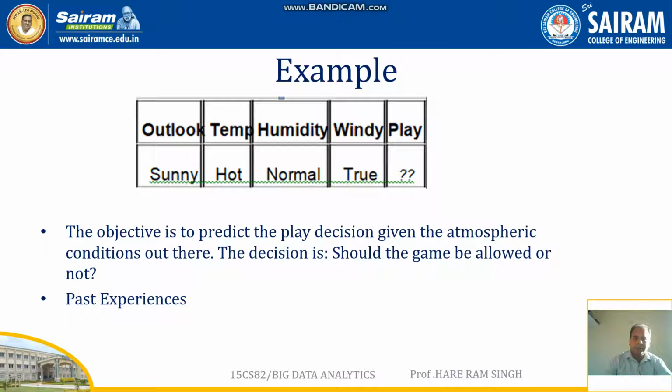For example, if outlook is sunny, temperature is hot, humidity is normal, and windy is true, meaning it is windy weather, in this situation should the game be played or not? This is what we have to find out.